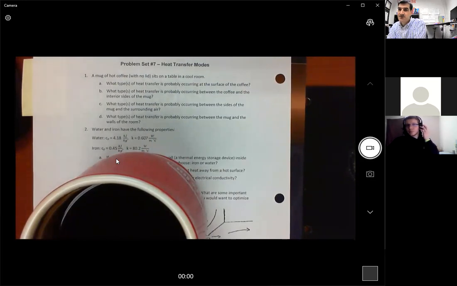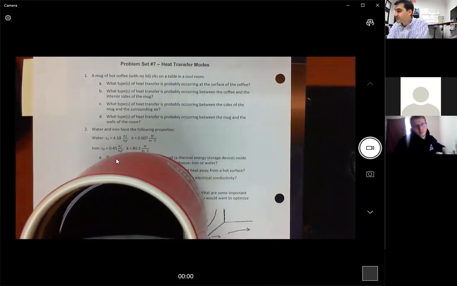It could be conduction, I guess you could argue, if the coffee is totally perfectly still, but most likely it's some type of convection. So either natural convection if I'm not stirring it, or else forced convection if I am stirring it with a spoon.